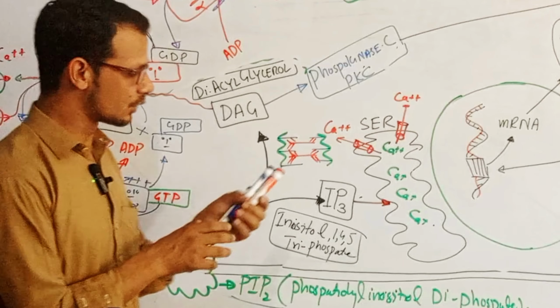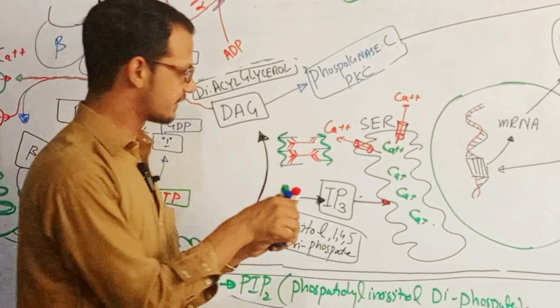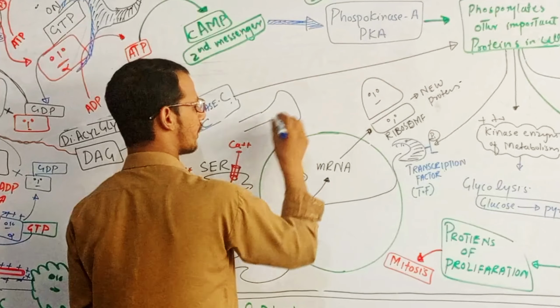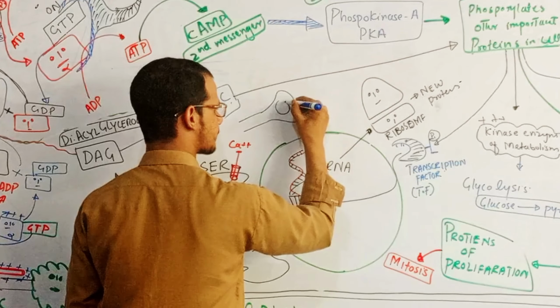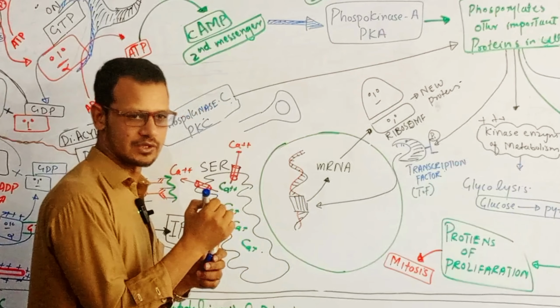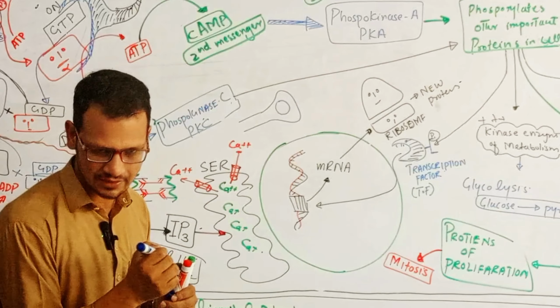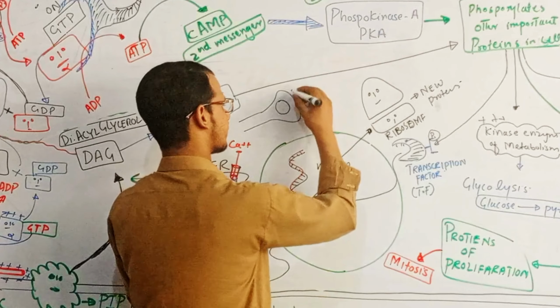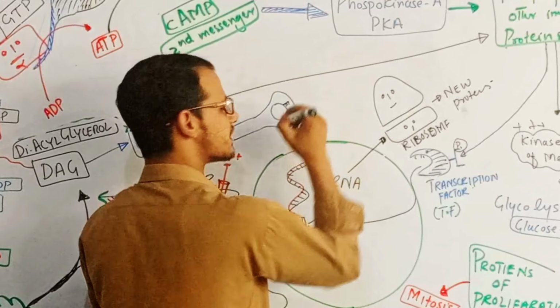If this cell is a neuronal cell, a neuron, for example, the neuron has a special type of vesicles, and these vesicles store neurotransmitters and some special types of proteins which are called V snares. Do you remember V snares?